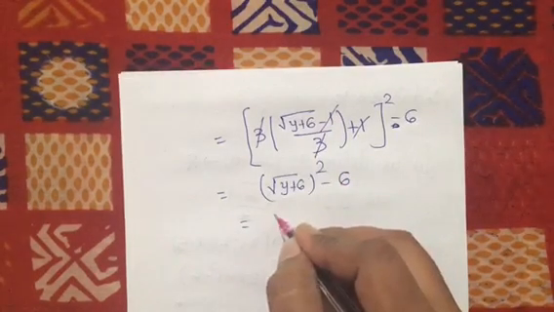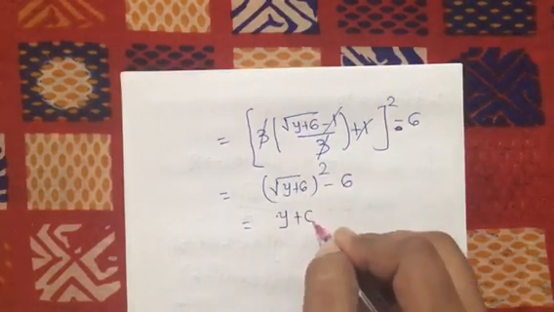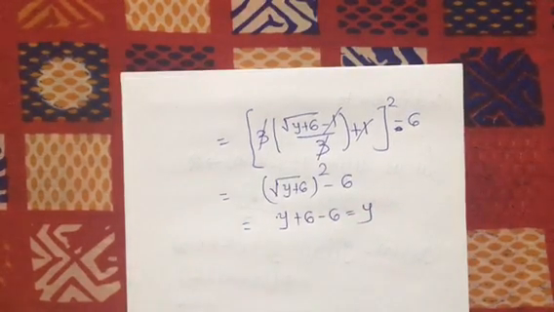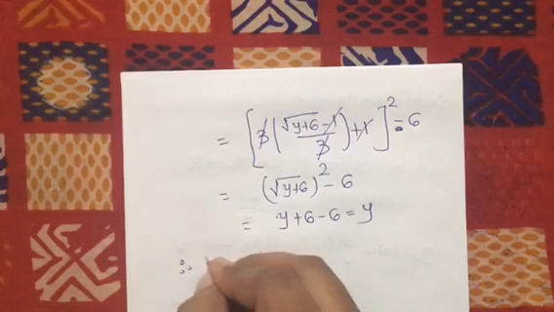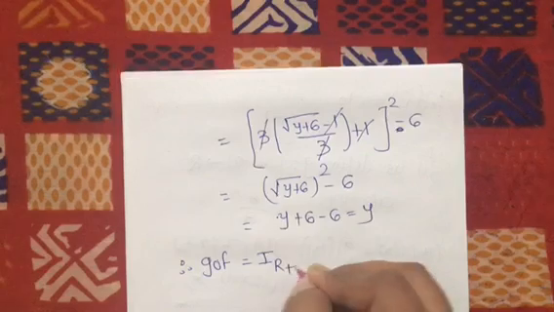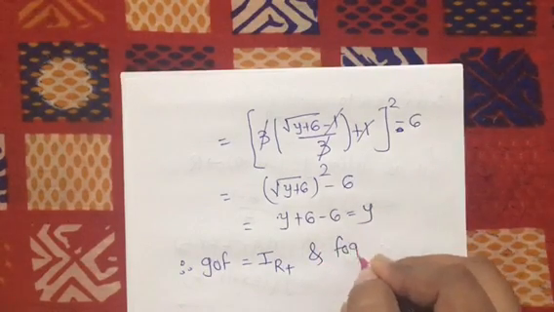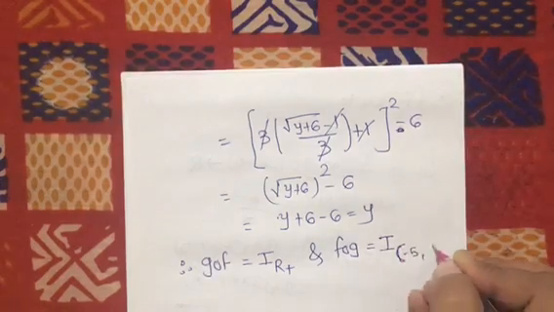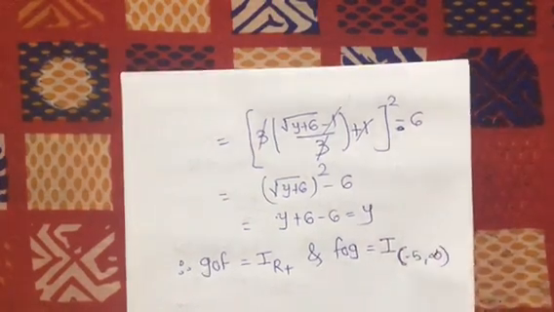so this is y plus 6 minus 6 is equal to y. Therefore gof is equal to I_R plus and fog is equal to I_[2, infinity).